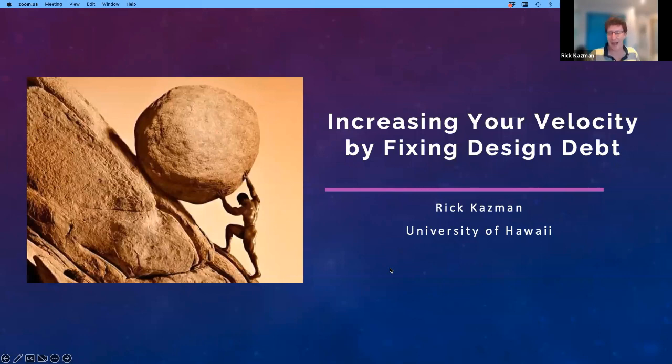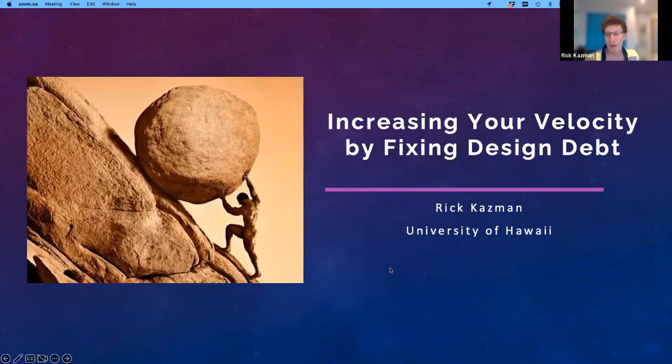I'll define that in a minute, but this is something that has been increasingly a focus of my research career: trying to analyze architectures with tools and automated means.